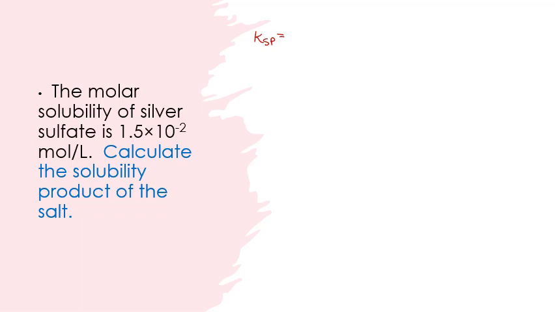The salt here is silver sulfate, correct? So first let us write the formula for silver sulfate, which is Ag2SO4 solid, and it will dissociate into silver ions, that is Ag+ (aq), and sulfate ions, which is SO4 2- (aq), and to balance we have to put a 2 as coefficient, correct?